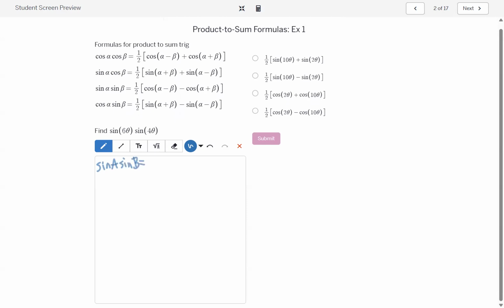All of our formulas start with this 1/2 in front, and then this is cosine A minus B minus cosine A plus B.